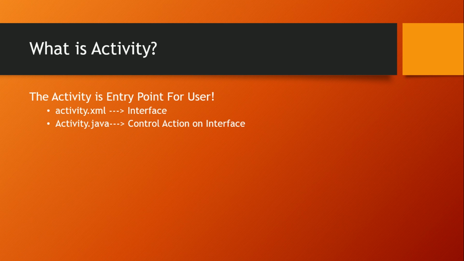What is an activity? An activity is the interface of your application. An activity is a single screen with a user interface with which a user can interact with your application.